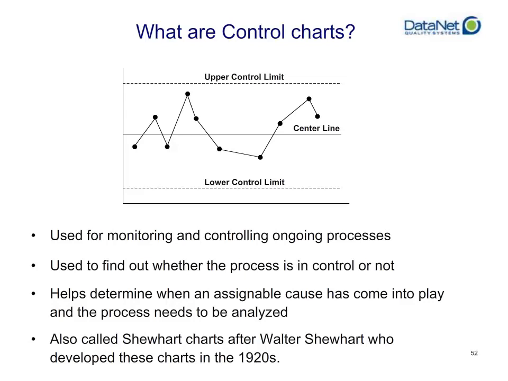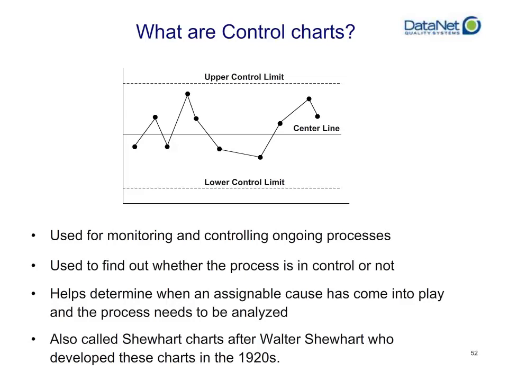So with the idea of assignable causes and common causes in mind, let's talk about what a control chart is. A control chart is a chart that's used for monitoring and controlling ongoing processes.